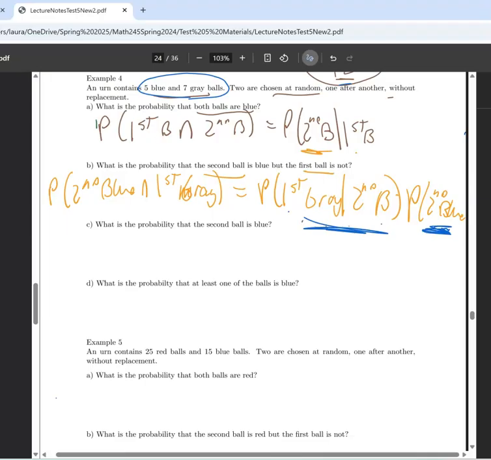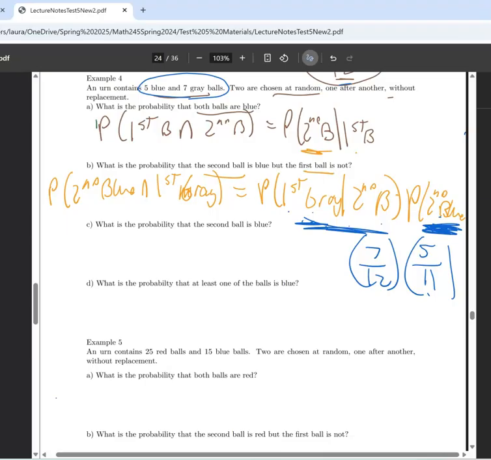So if the first is gray, the second is blue. Because I'm not choosing a blue one on the first choice, I've got 5 out of the 11 left to choose from. And then here, because I'm choosing the second is blue, there's only 11 to choose from, and there's 5 blues. And the first one would be of the gray ones, so I would have 7 out of the 12.